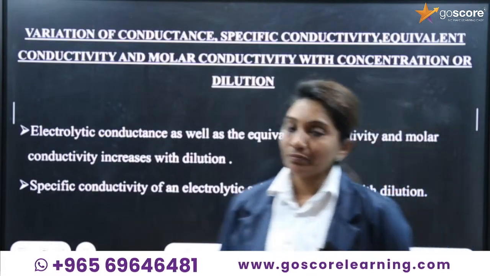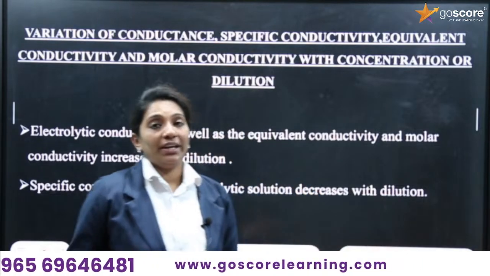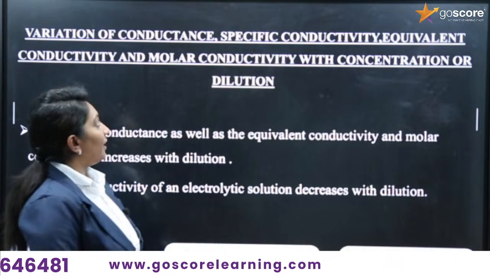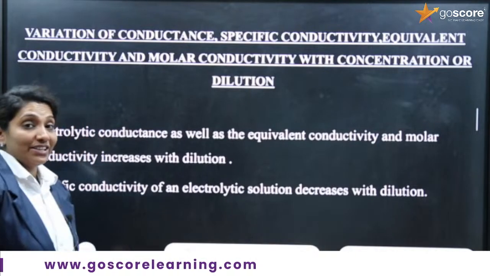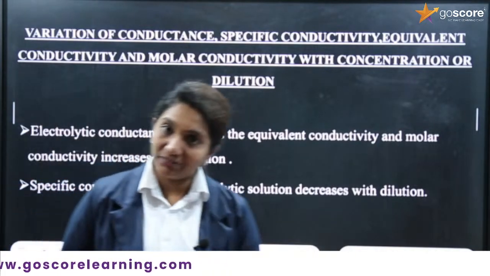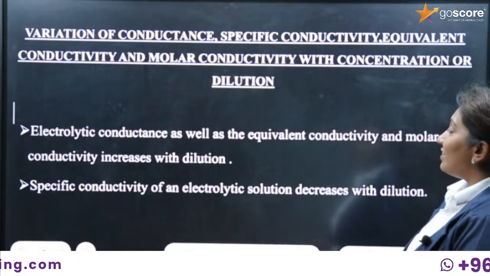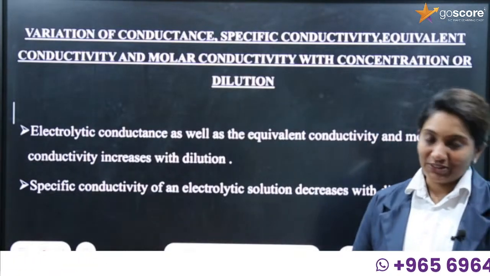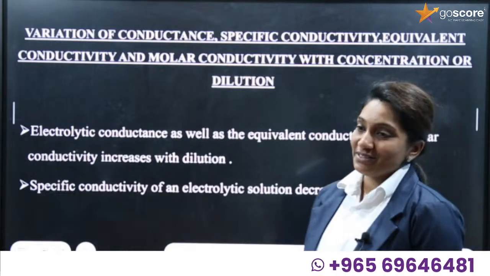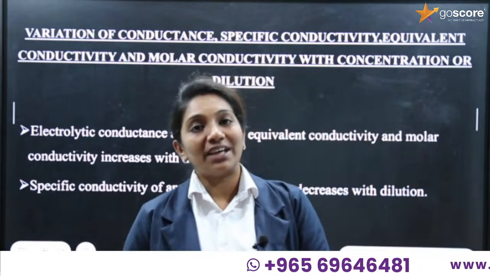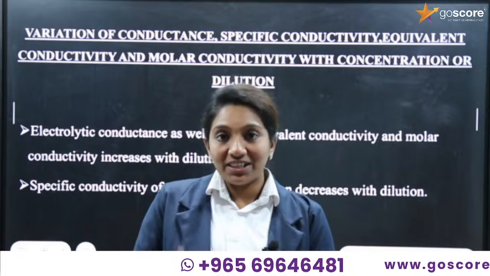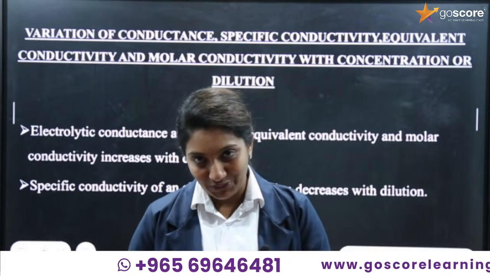Now, we are moving on to the very important section. Okay, that is the variation in conductance, conductivity, molar conductivity and equivalent conductivity with the concentration or dilution. So we want to find out, whenever you are diluting or whenever you are changing the concentration, that's what dilution, right?